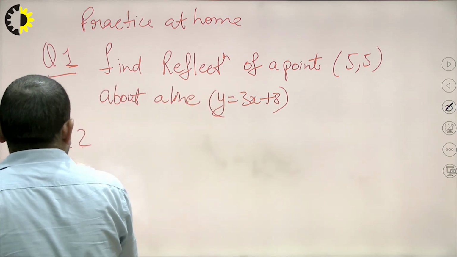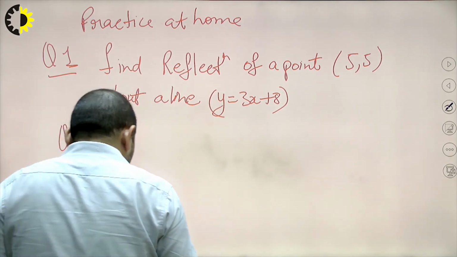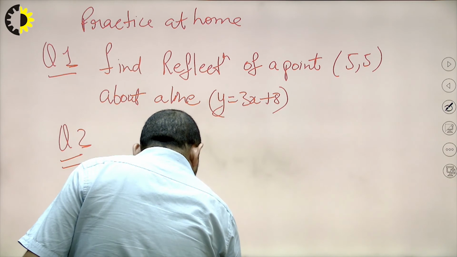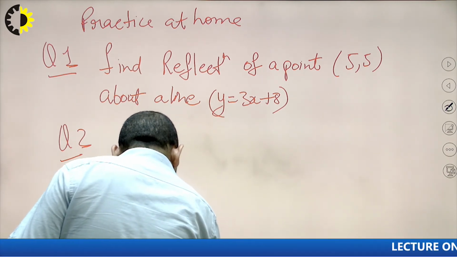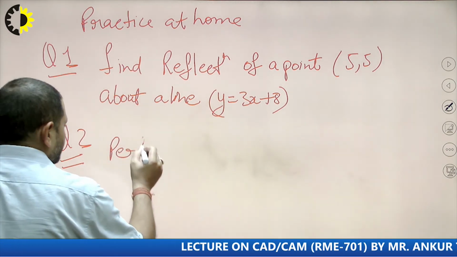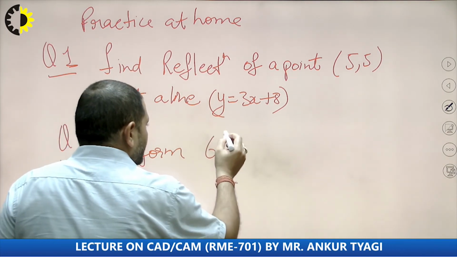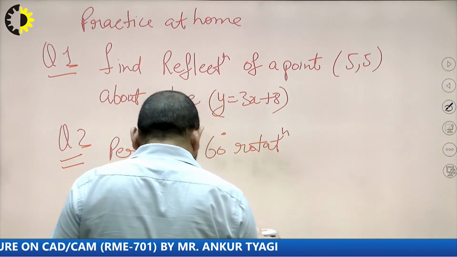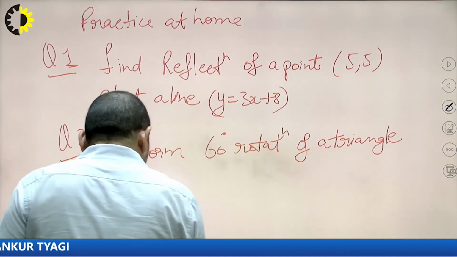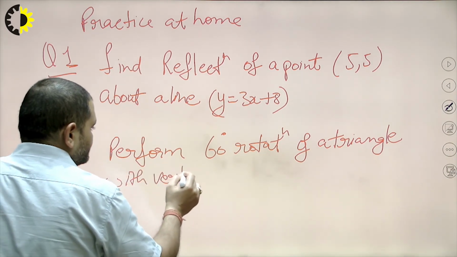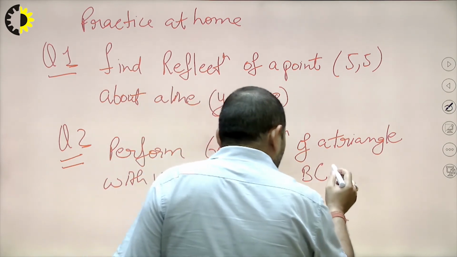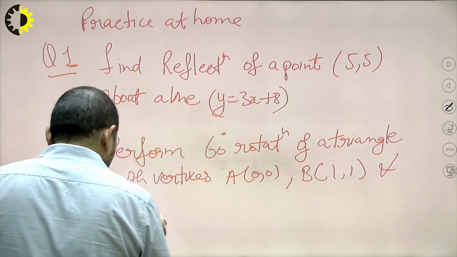Question number 2. Perform a 60-degree rotation of a triangle with vertices A 0, 0, B 1, 1 and C 5, 2.